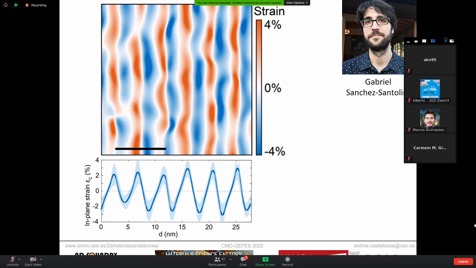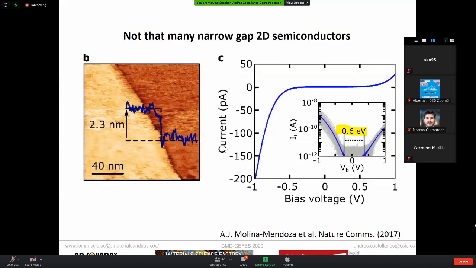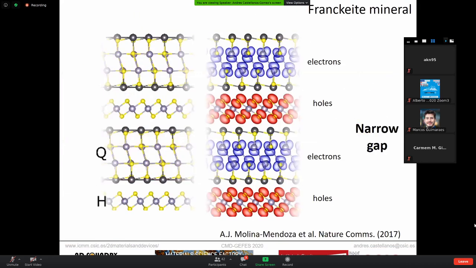Okay. So since we started working on this Frankeite, we've always been wondering how to get an insight into whether there is a preferential top layer or not. So it could happen that if the material is completely stable, whenever you exfoliate, you will get 50% chances of the tetragonal, 50% chances of the hexagonal layers.